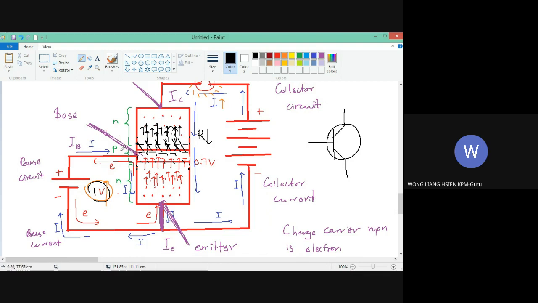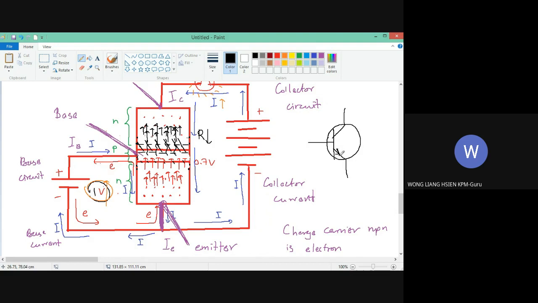P, and that is base. The current flows from the base to the emitter. The electron flows from the emitter to the base, but the current flows from base to emitter, because current and electron flow are opposite. So current flows from base to emitter.